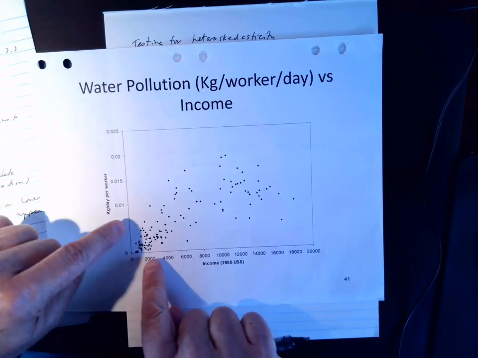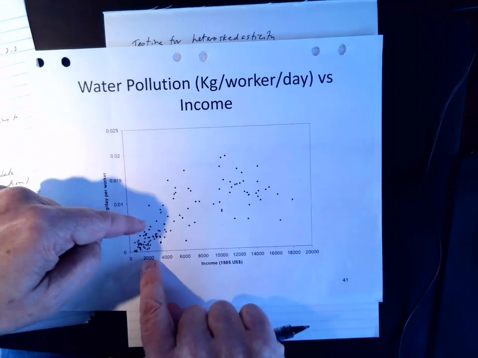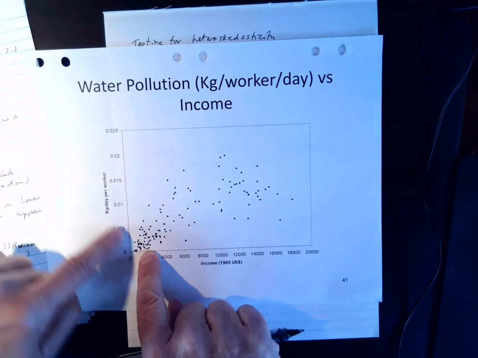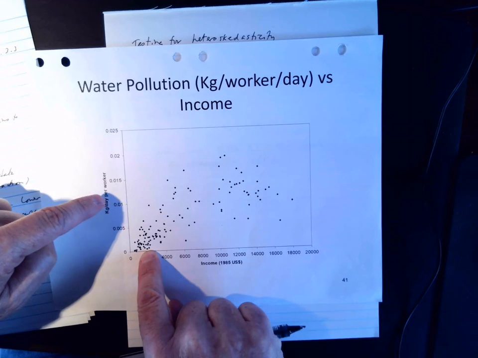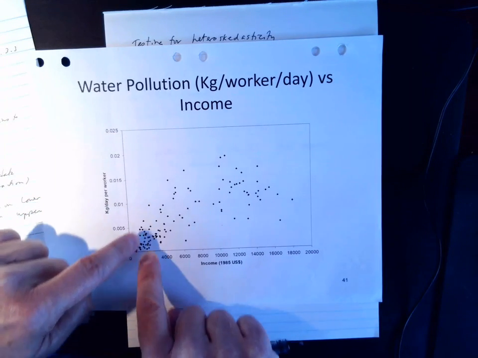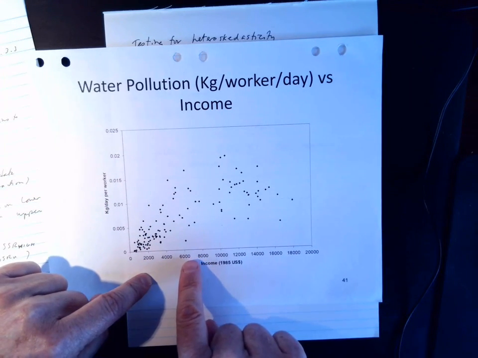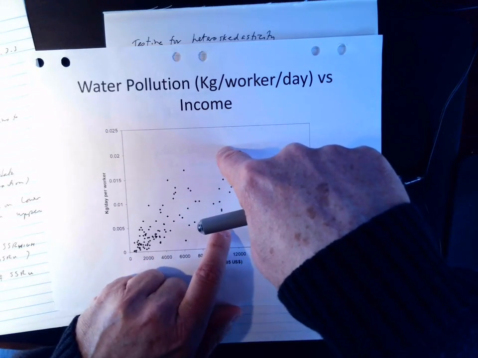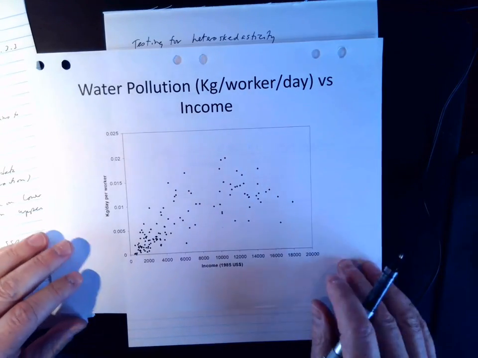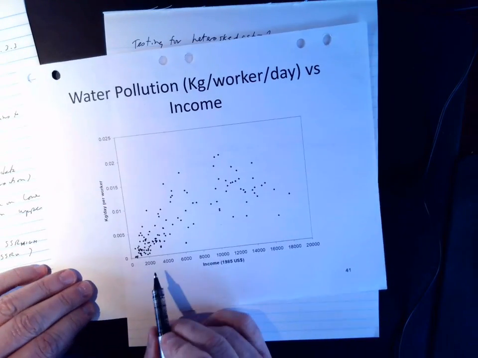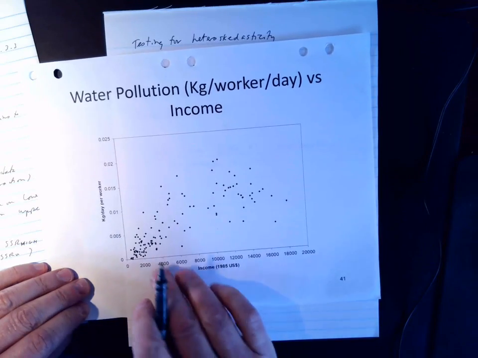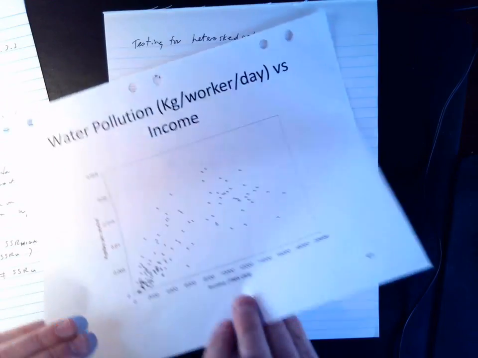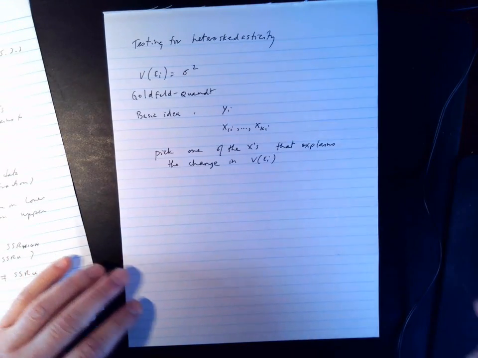At the low end, all the data is clustered basically in a short range, 0 to about 0.006. But then you go up to 10,000, and now the range is twice as large. So in this case, we would say as income goes up, the variance of the error term goes up. So the income variable explains the heteroskedasticity pattern.